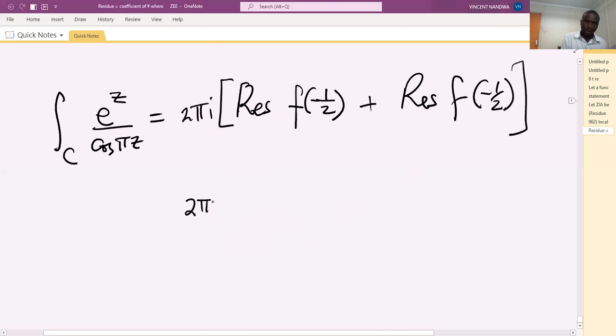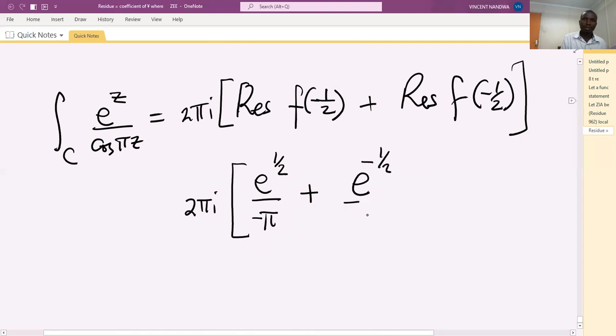We have 2 pi i times the first residue, e raised to the power a half over minus pi, plus this other one, which is negative e raised to the power negative a half over positive pi.